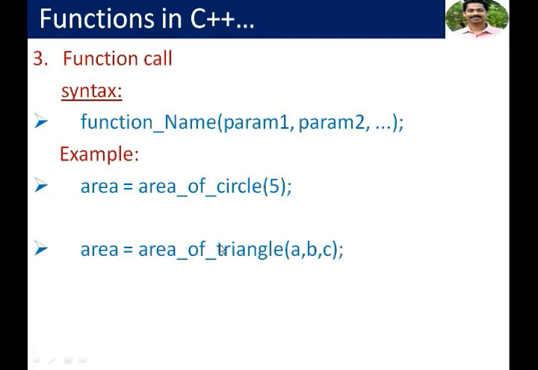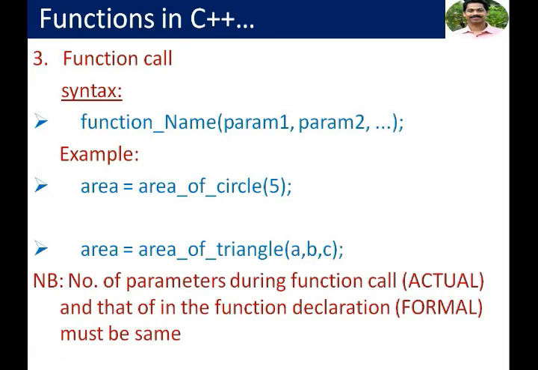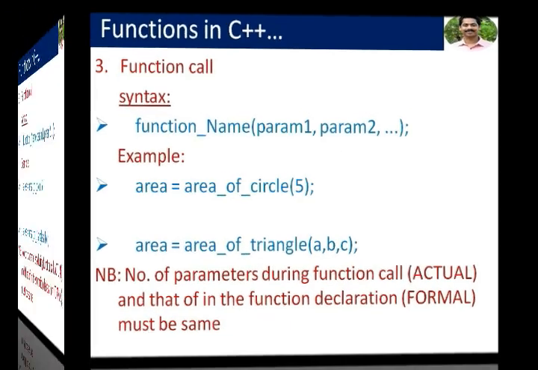Here also that substituted area of triangle will be stored into variable area. This is the kind of function call and function execution. The number of parameters during function call, that is actual parameters, and the number of parameters in the function declaration, which is called the formal parameter, must be same.